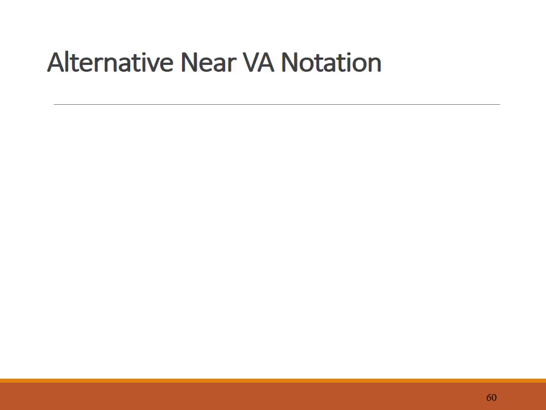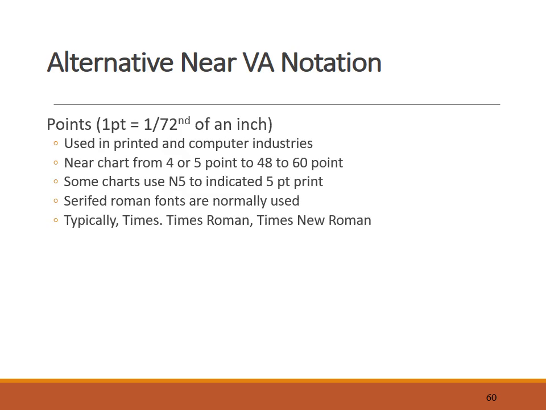The other alternative near VA notation is point, where 1 point is equivalent to 1/72 of an inch. It is used in the printing and computer industry, with near charts from 4 or 5 point to 48 to 60 point. Some charts use N5 to indicate 5-point print.